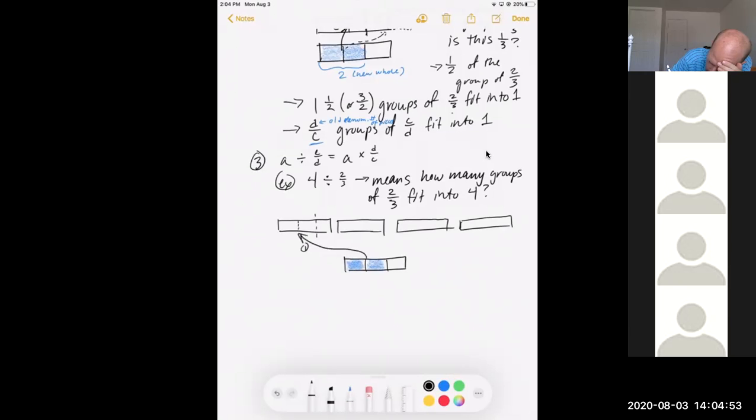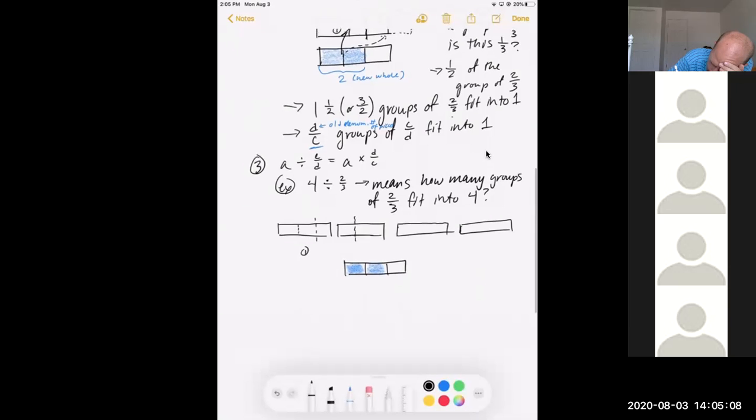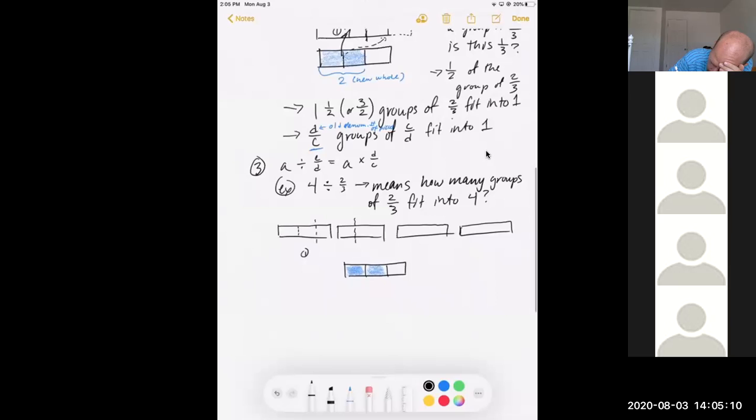So we have 1 there. Then this one right here, another group of 2/3.